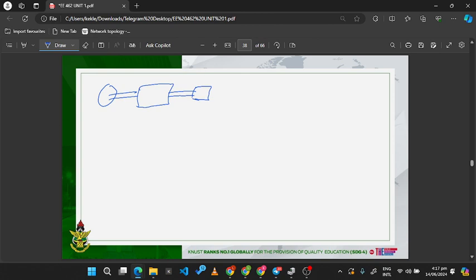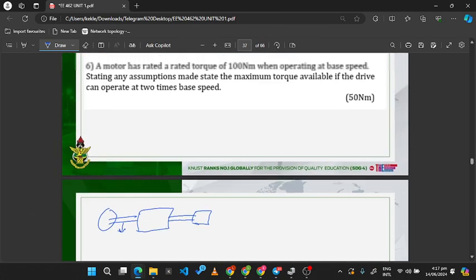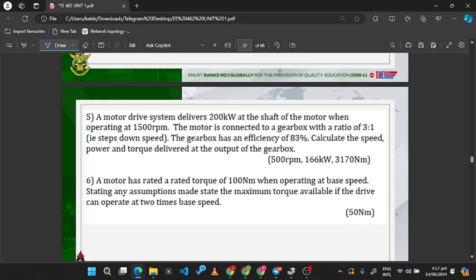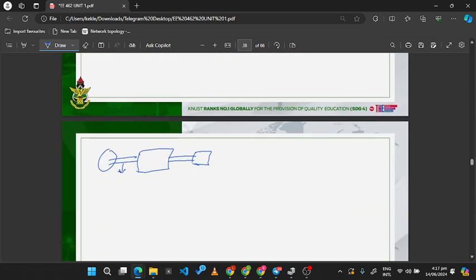And we know at that point, which would be the shaft of the motor, we've been given the power and the speed as 200 kilowatts and 1500 rpm, with the gearbox being 3:1.